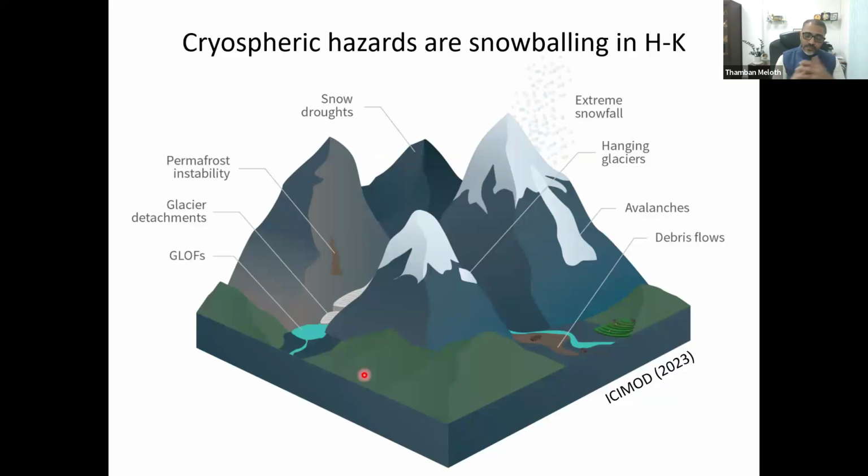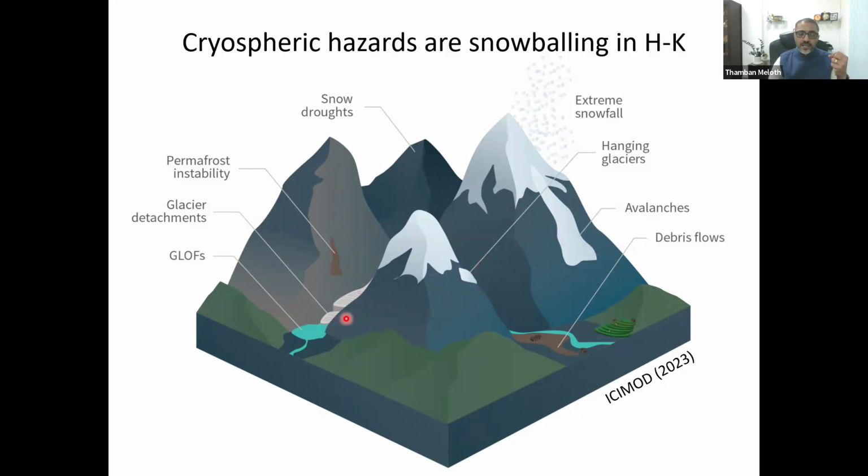As an impact of this changing climate, the hazards related to the cryosphere are basically snowballing in the Himalayan Karakoram region. You already have snow droughts on many high mountain peaks. You can also sometimes have extreme snowfall. Because of the thawing of permafrost, permafrost instability happens, which leads to things like avalanches occurring, and even hanging glaciers finally losing their ability to hold.